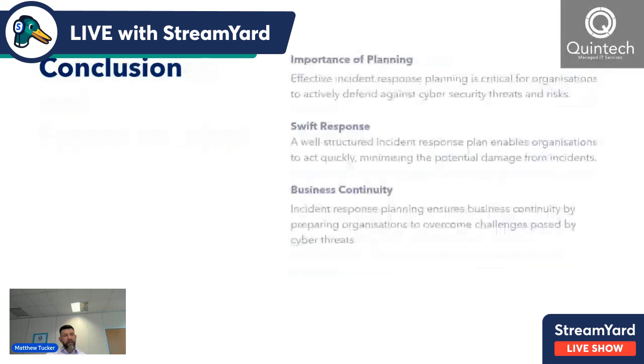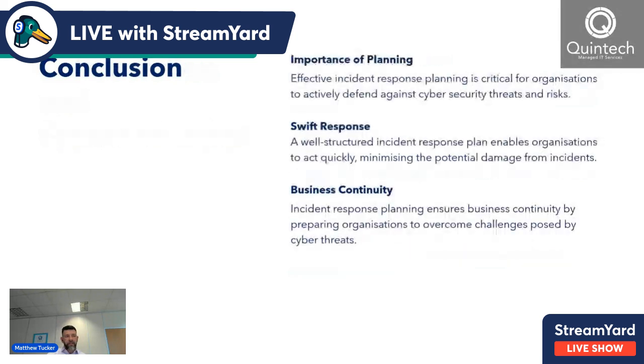And then in conclusion, the planning is a really important stage. If we don't have the plan in place, when something does kick off, we're not going to have anything to refer to. Swift response: a well-structured incident response plan enables the organization to act quickly. The main aim of acting quickly, like the Co-op, is to minimize the potential damage from the incident.